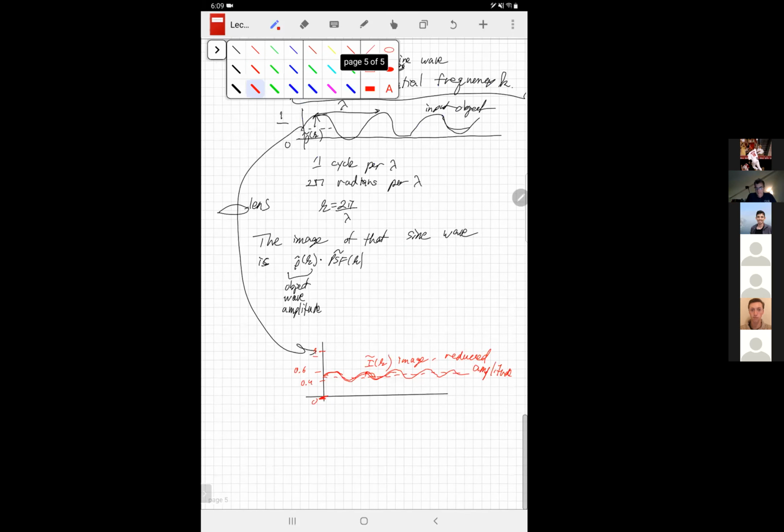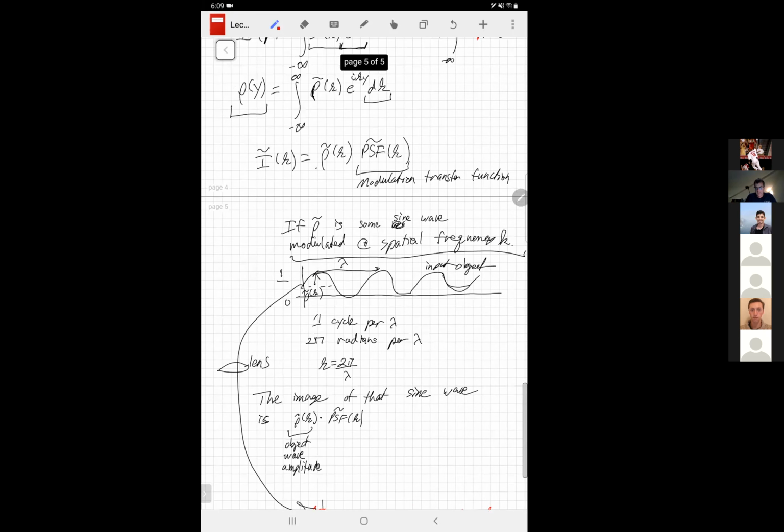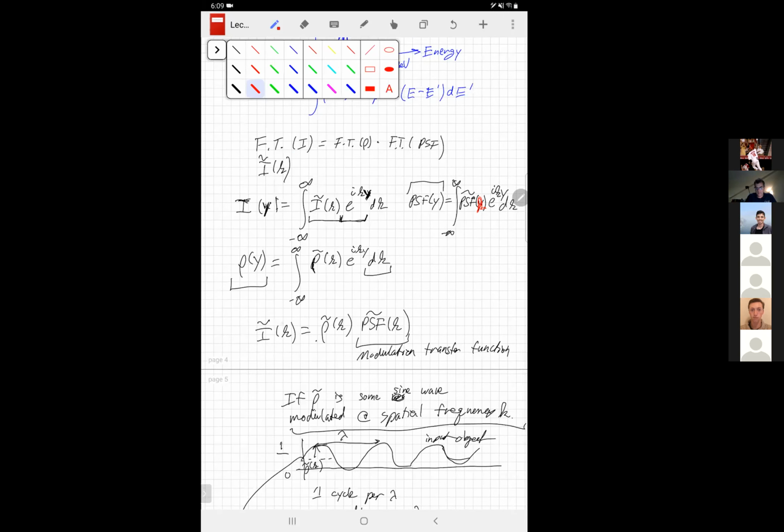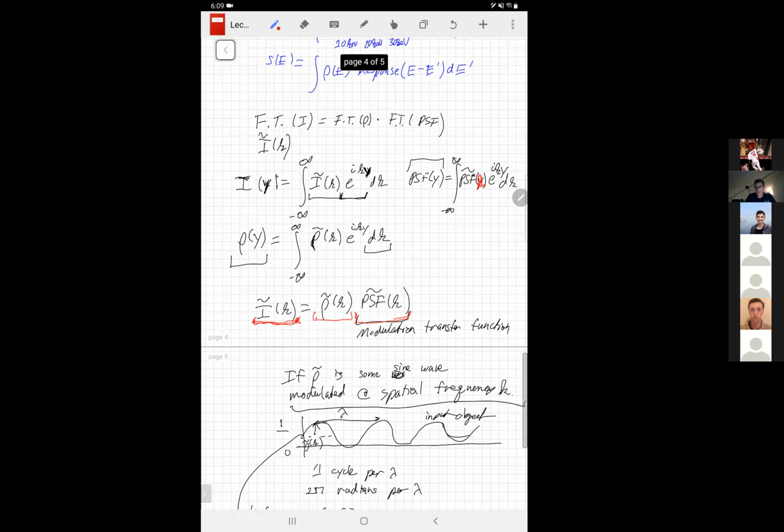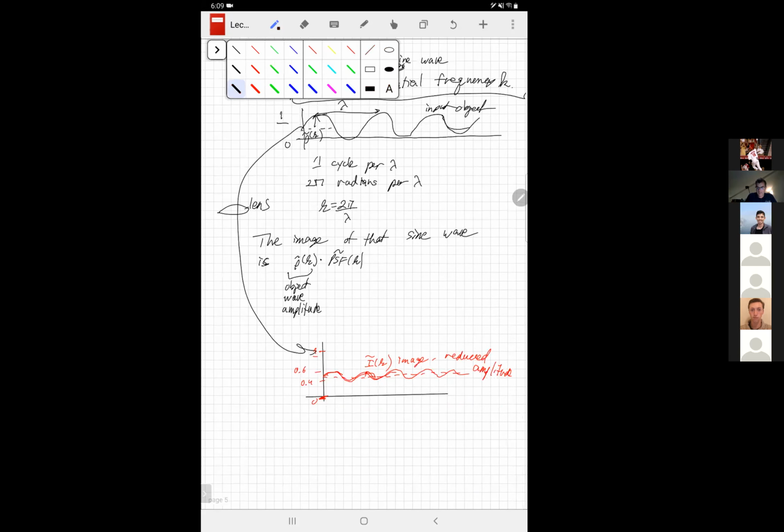All right, so the idea of a modulation transfer function, again, is if we want to understand the spatial frequencies in our image, we have to look at what the object was and what the lens that produces the image is ultimately going to pass. It really goes back to the point spread function.